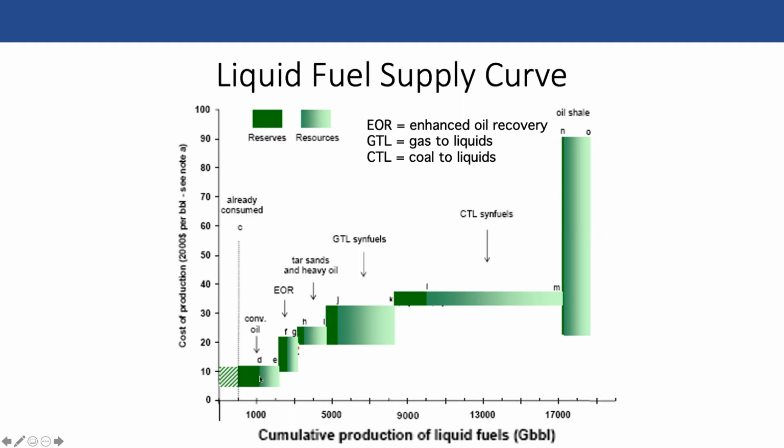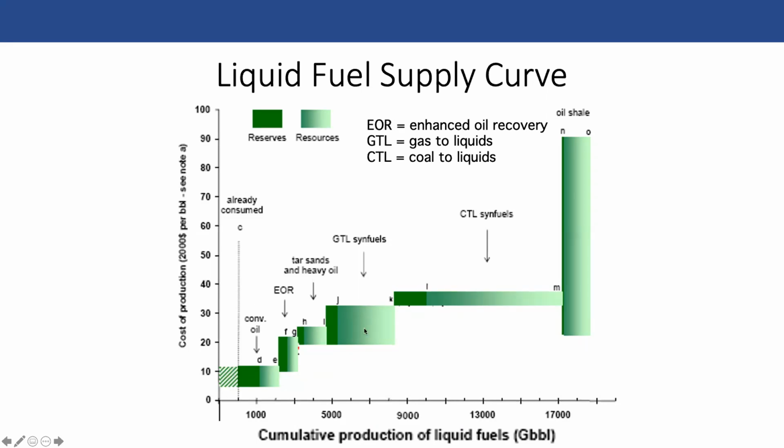So you're getting about 1.5 billion barrels of oil of conventional oil. So we've consumed maybe a third of that already, and as we continue to consume it, you're essentially moving this dotted line from left to right.